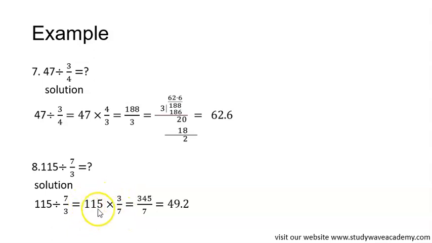Can 7 divide 115? Let's think. Can 7 divide 115? No. So we say 115 times 3. When you multiply 115 times 3, you are going to have 345 over 7. Okay?